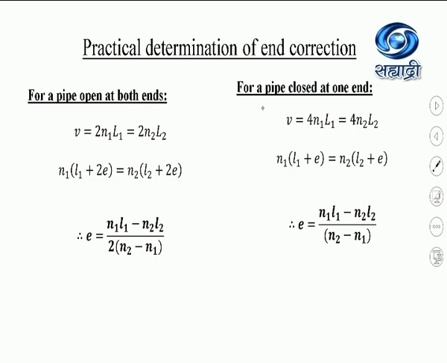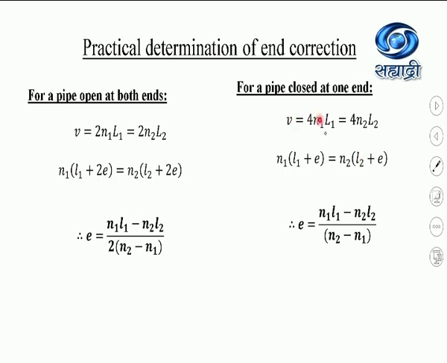Now second case is if the pipe is closed at one end, then end correction we can calculate by comparing velocity equation in two pipes having fundamental frequencies N1 and N2. Small L1 and small L2 are their lengths.